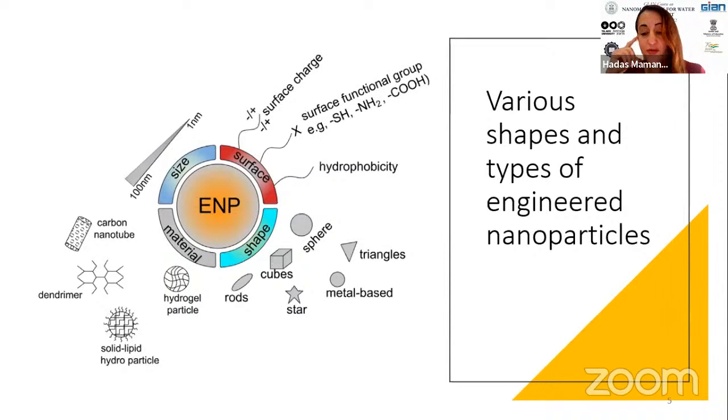The pathways for these nanoparticles are influenced by the transport, as was discussed in the morning, but also by the transformation that can happen when these particles interact with wastewater constituents. So these particles can either absorb to sludge, for example, or they can form agglomerates, and this will actually increase or decrease their reactivity. Therefore, the complexity is very high.